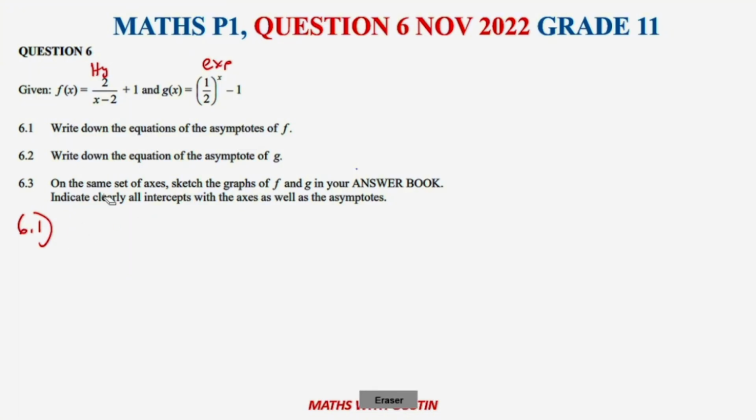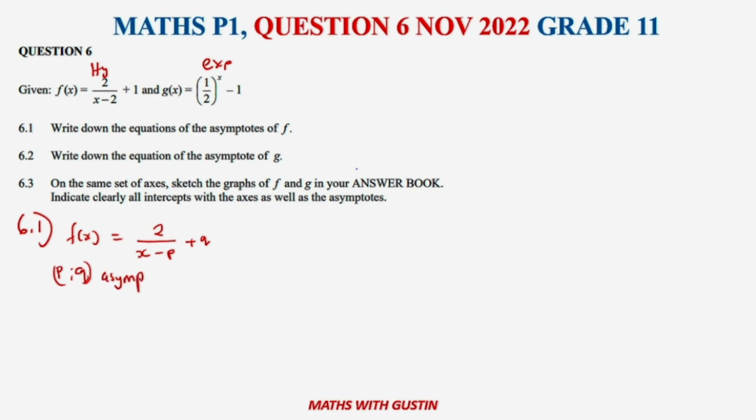If f of x was given by 2 all over x minus p plus q, we know that p and q are the lines of asymptotes.